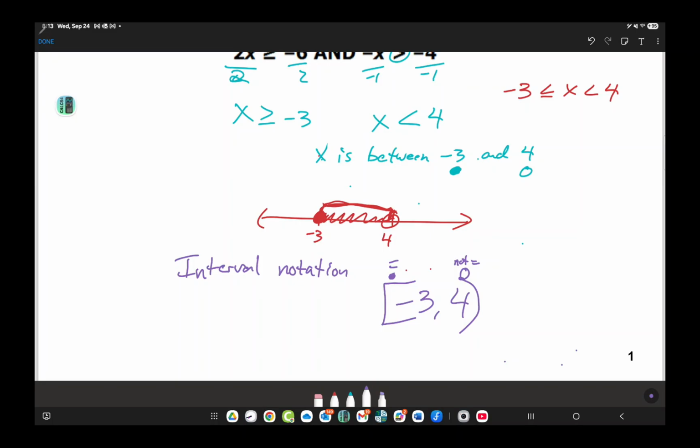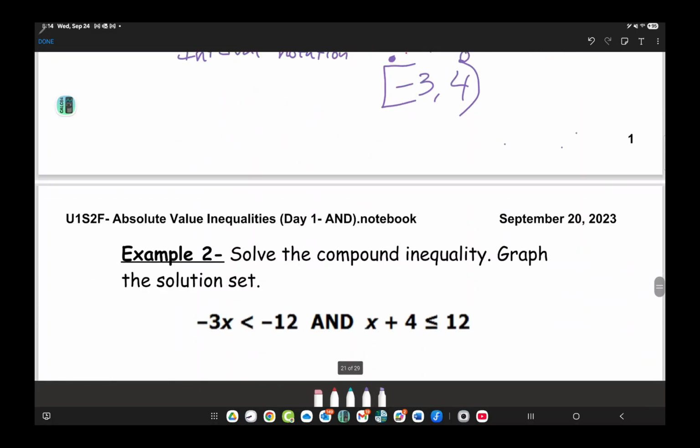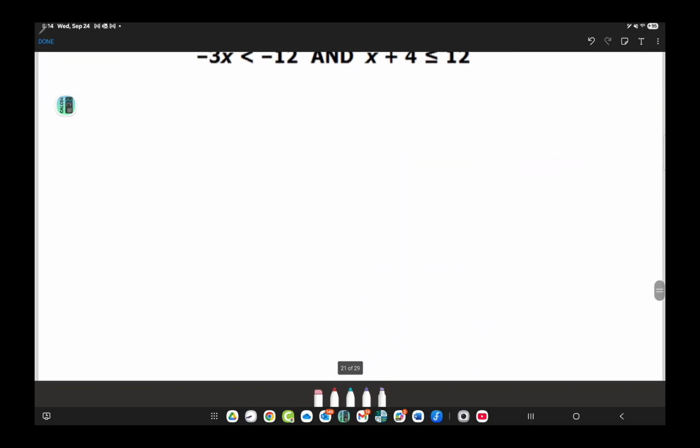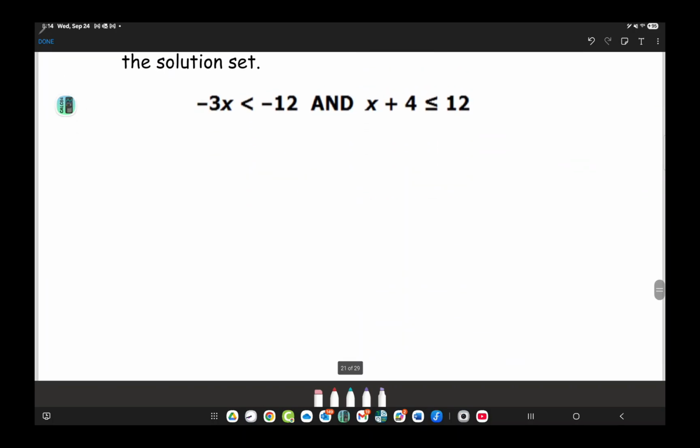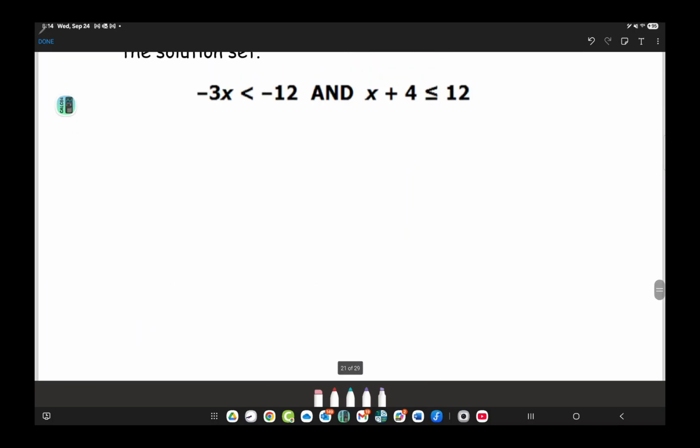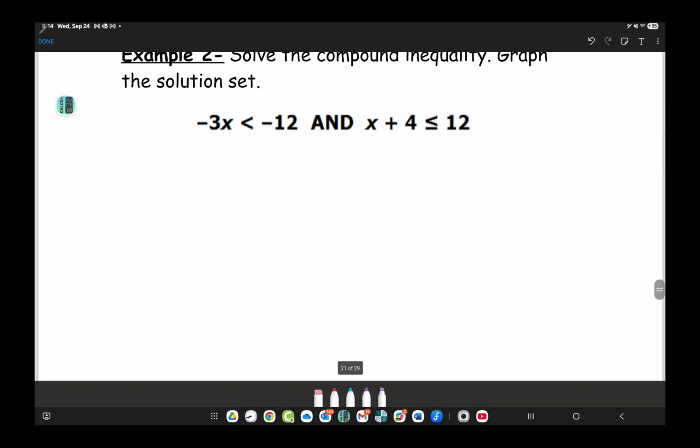So what I want to do is we'll do one more of these, and then we're going to do a practice question. So don't take up a ton of room for this question, because I want to do a different practice question. So here I am going to divide by -3, divide by -3, and give you x. Again, when I divide by a negative, I'm going to flip this.